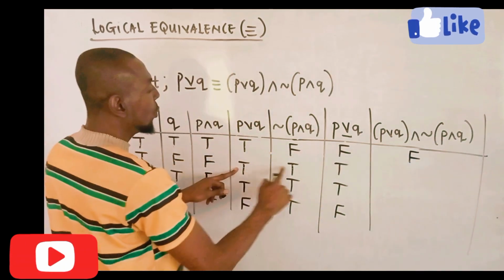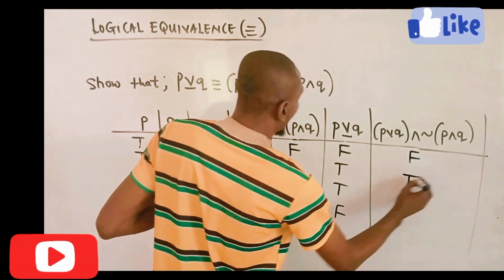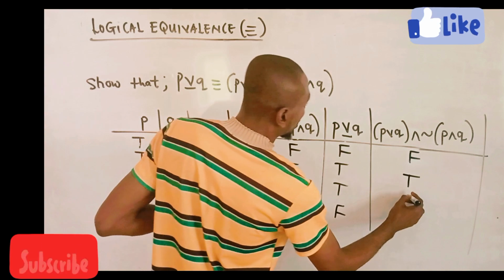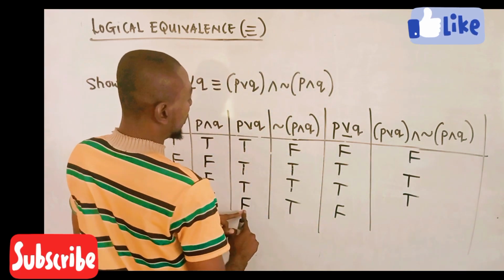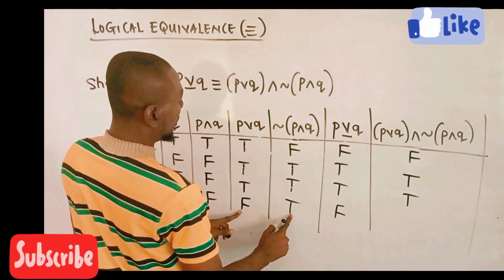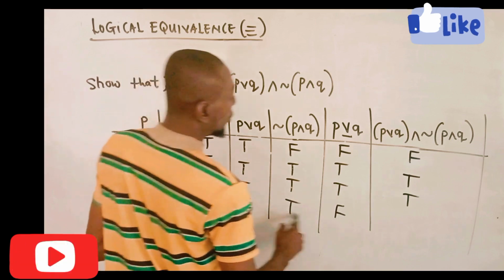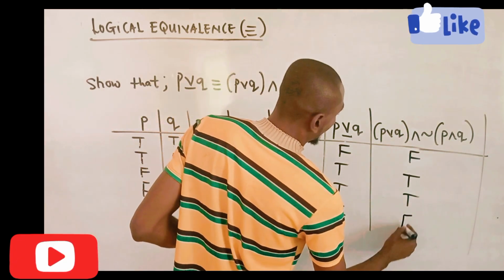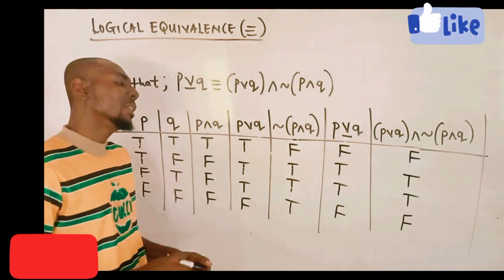We start with false and truth under and. We have truth, we have truth, and false and false gives false. Truth and false gives false. So what are we trying to say?